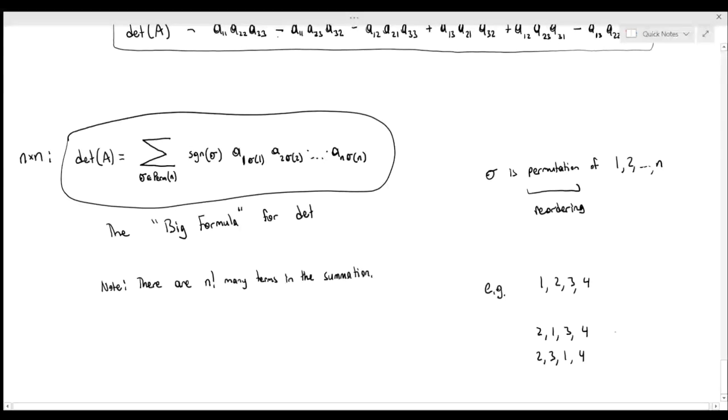Now, with each permutation, you can associate a function. So with this reordering, I can associate a function where sigma of 1 equals 2, sigma of 2 equals 1, sigma of 3 equals 3, and sigma of 4 equals 4, for instance.